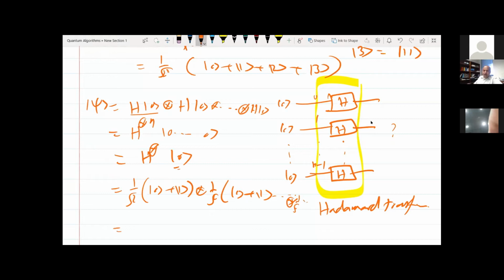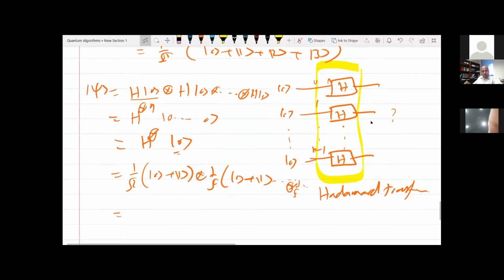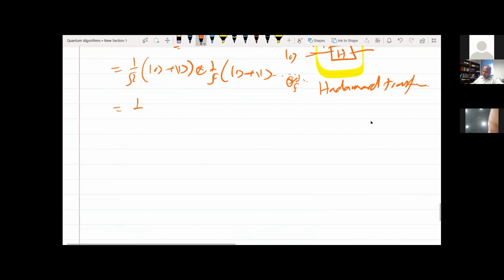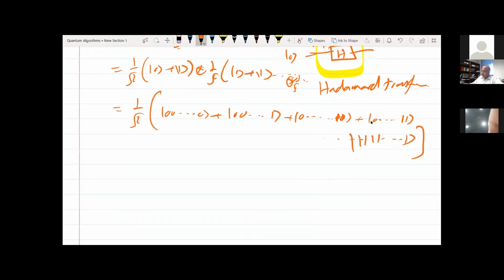If we multiply all of them, we get a state like this: 1 over square root 2, 0, 0, 0 plus 0, 0, 0, 1, plus 0, 0, 1, 0, and so on, and that's how it will continue all the way to the 1, 1, 1 state.